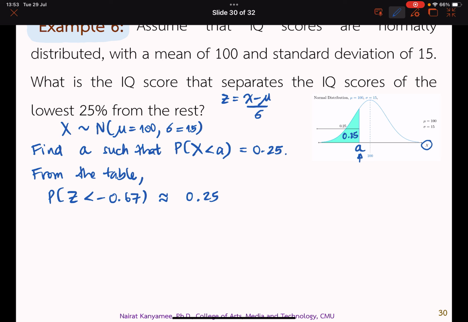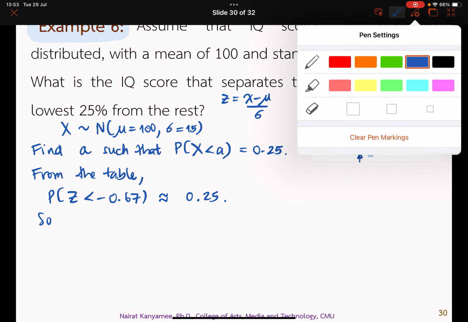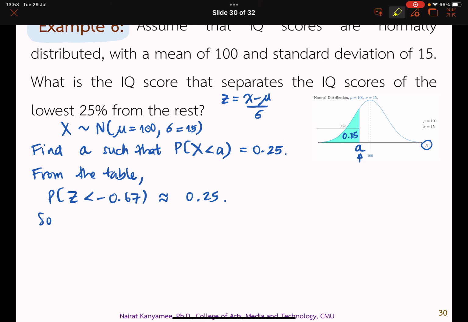So from the table, we know this. We need to compare this, the inside here. From here, we know that z is going to be 0.67.